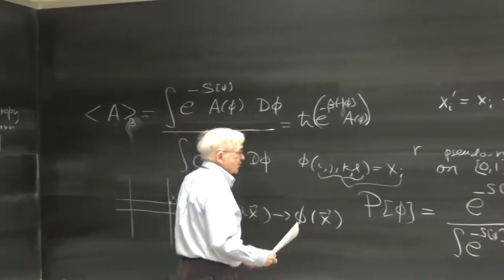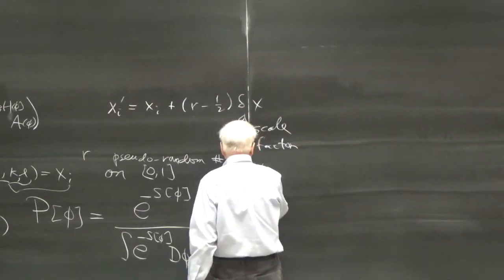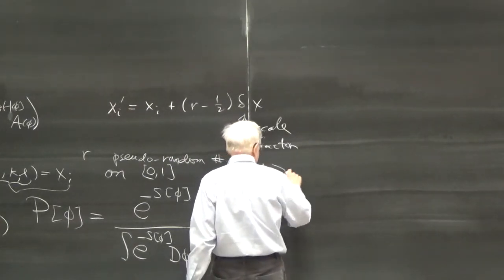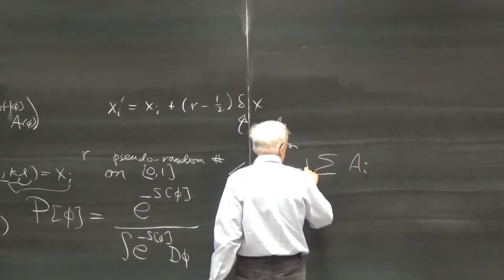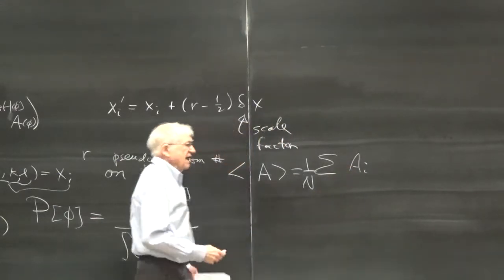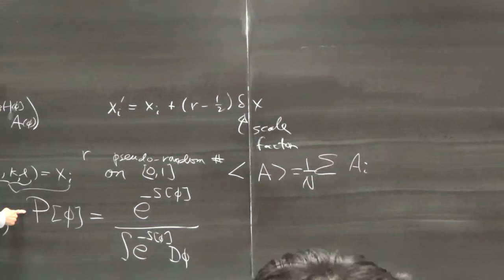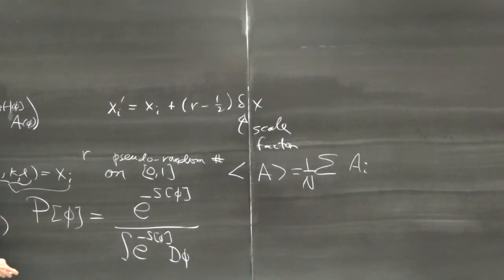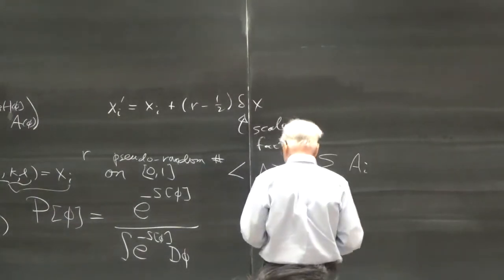And so basically what you're saying is that the mean value of A will be the sum of these A_i divided by n, as long as these A_i come from this probability distribution. And this Metropolis step is what guarantees this.